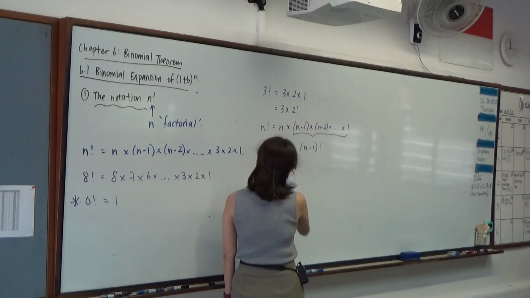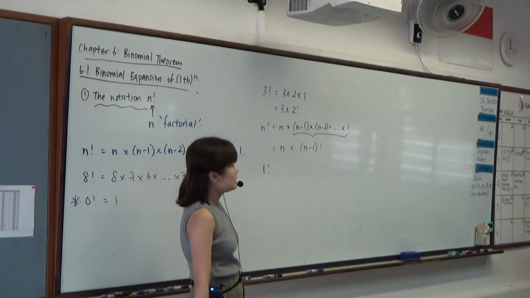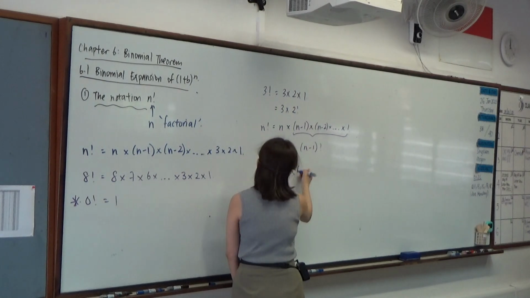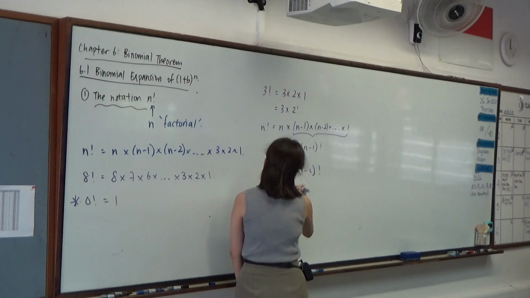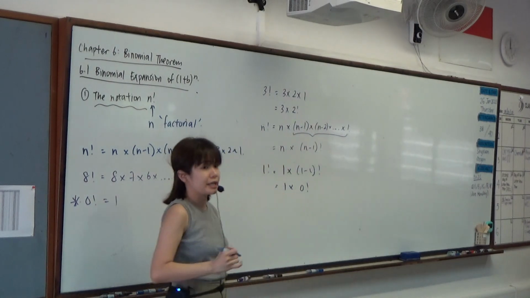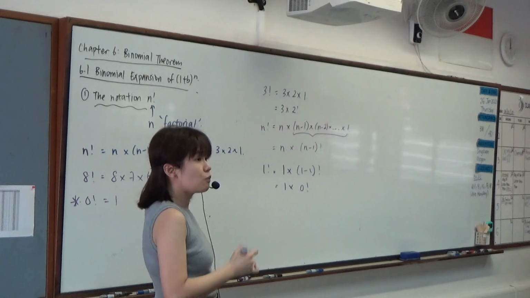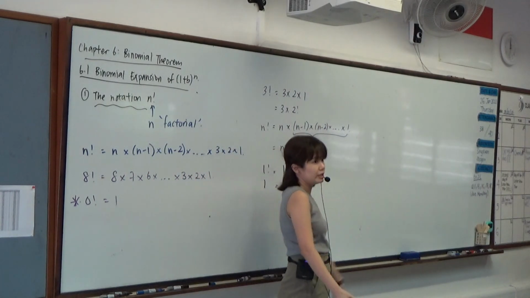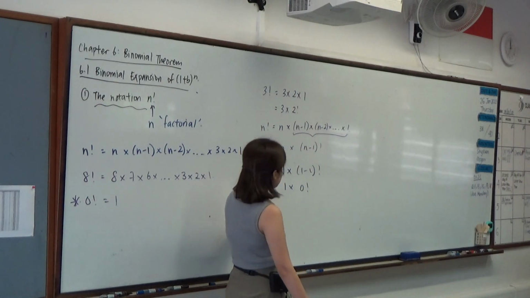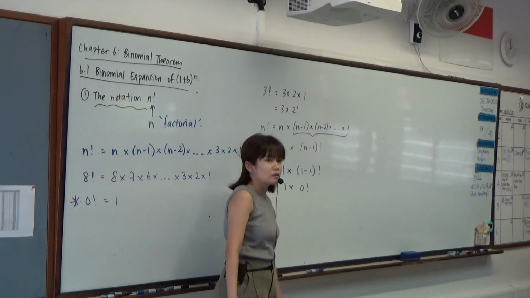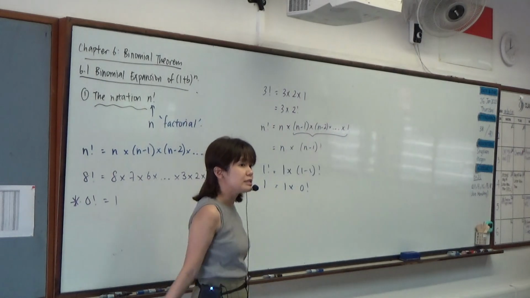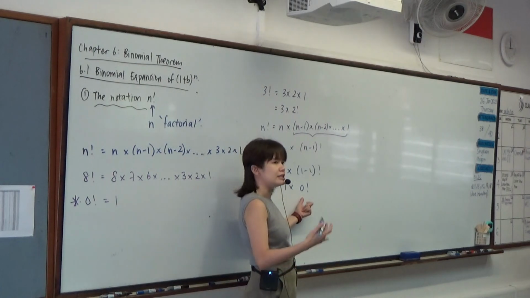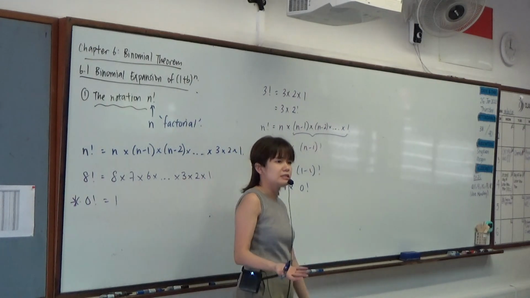So what does this tell me then? About 1 factorial. 1 factorial will have to follow this formula: 1 times 1 minus 1 factorial, which is 1 times 0 factorial. And 1 factorial, we know that it must be 1, because factorials end at 1, right? So if 1 is equal to 1 times 0 factorial, can 0 factorial be 0? Cannot, right? Because if 0 factorial is 0, 1 times 0 must be 0.